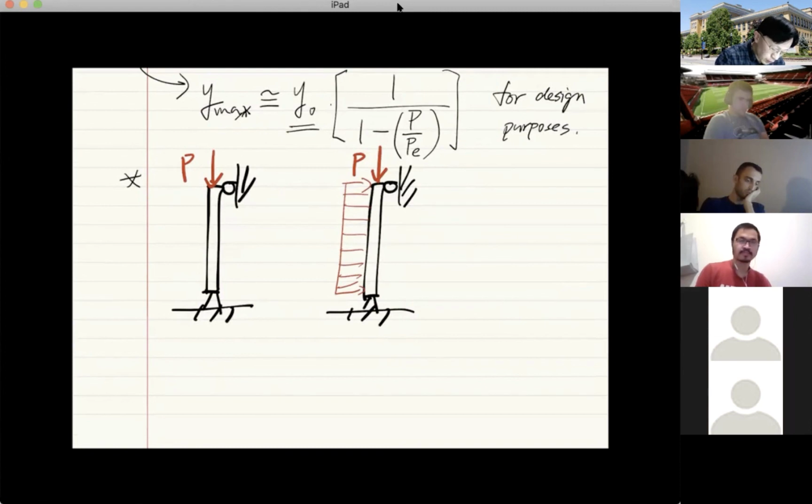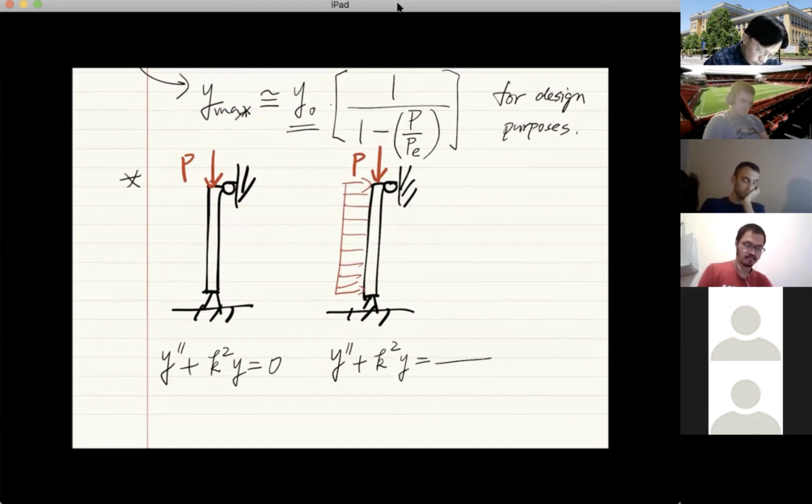That is Y double prime plus K squared times Y equals 0. Right? But for the other one, it's not. That is Y double prime plus K squared times Y equals W x squared over 2 minus WL x over 2. Is this what we had from before? So the difference is this term right here.